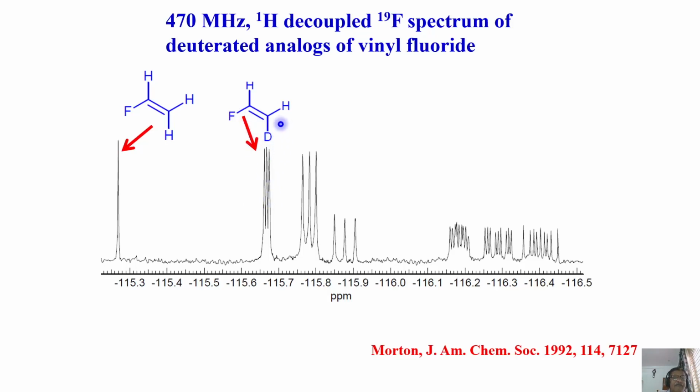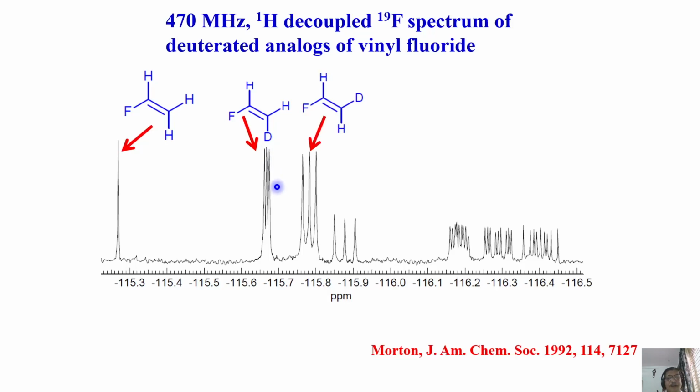This deuterium, because it is spin 1, splits the fluorine resonance into three lines of equal intensity. You measure the separation of adjacent peaks of this triplet, and you get the FD coupling corresponding to the vicinal cis configuration, 3J FD. Okay, that is fine. Next, we will go to the other one.